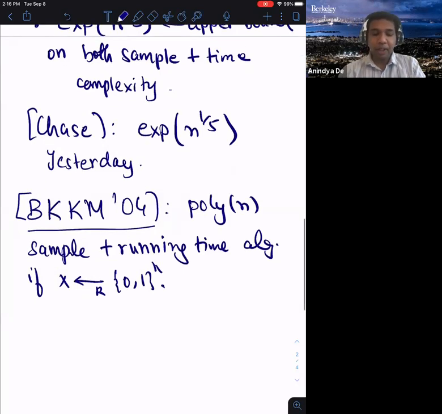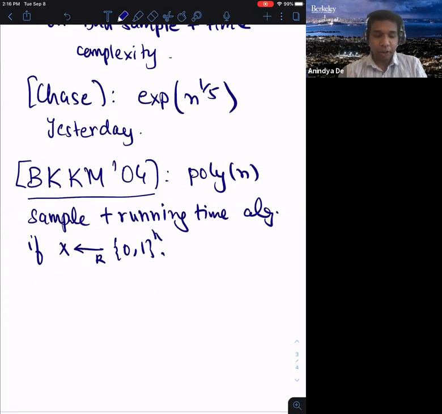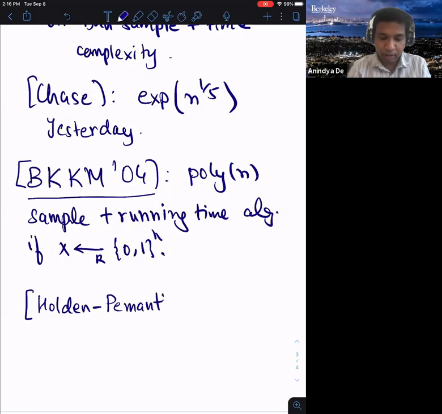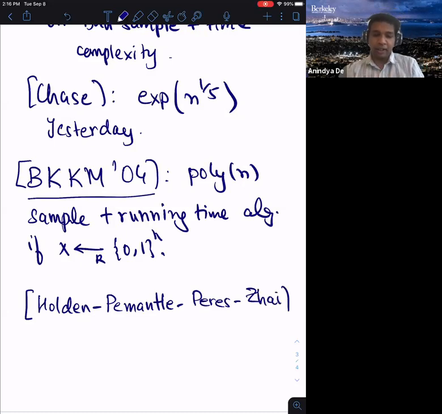But this was actually improved in the last couple of years. The state of the art here is by, I'm probably going to get the names wrong, Holden, Pimentel, Peres, and Zhai, which I think is from 2018, though there were updates to this paper.